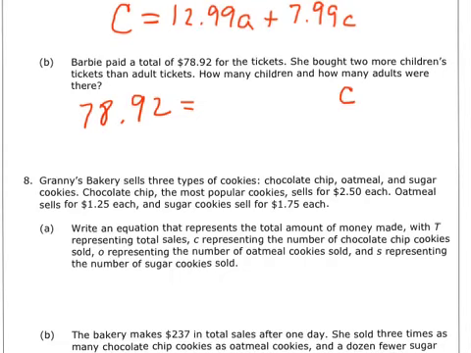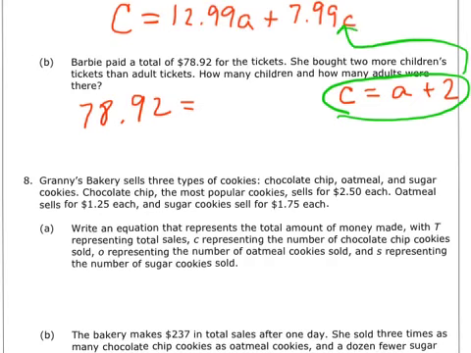So the number of children's tickets is equal to the adult tickets plus 2, because it's 2 more than the adult tickets. It's kind of opposite of what you'd think. So we're going to take this equivalence and put it in for c.